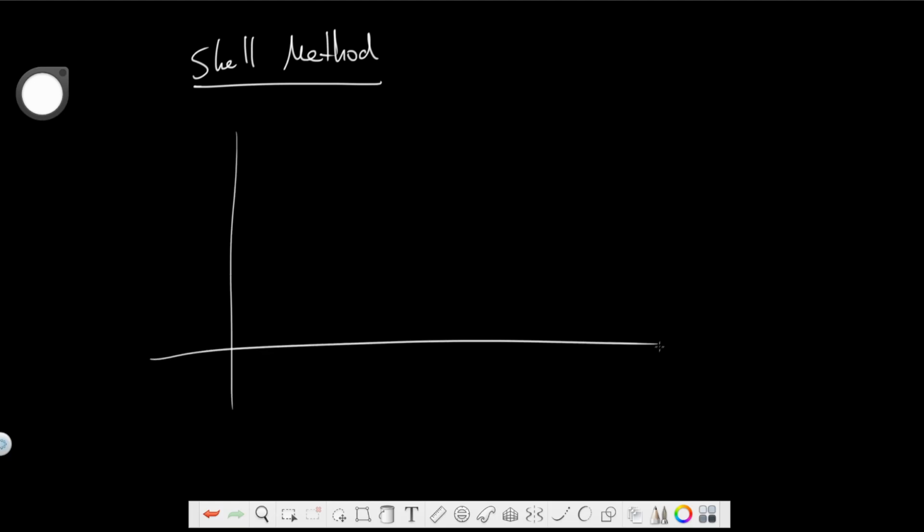All right. So let's say I want to revolve this curve around the x-axis. And I'm actually going to get rid of x here because f might be a function of y, as we'll see actually in my example.